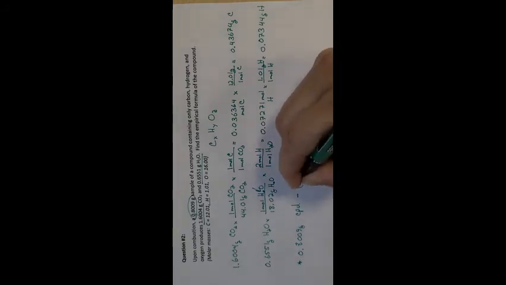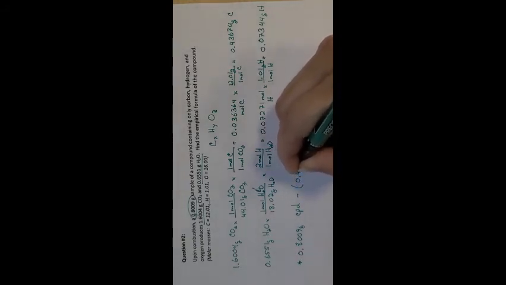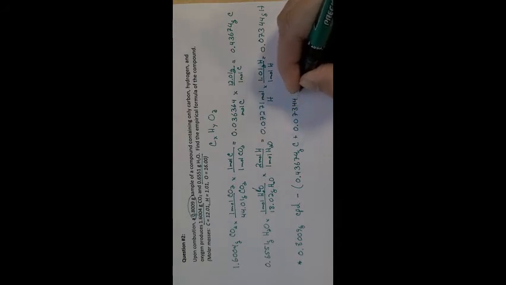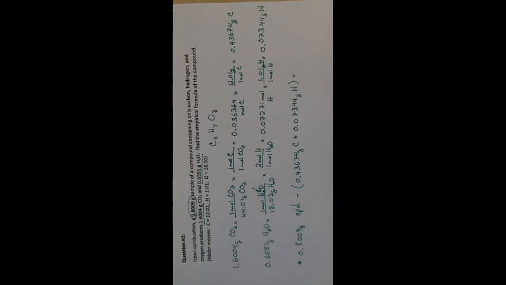Okay. So now let's focus on the oxygen. If I know my compound had a mass of 0.8009 grams, and that's of the entire compound, I'm going to subtract the mass of the carbon plus the mass of the hydrogen to just get the mass of oxygen.